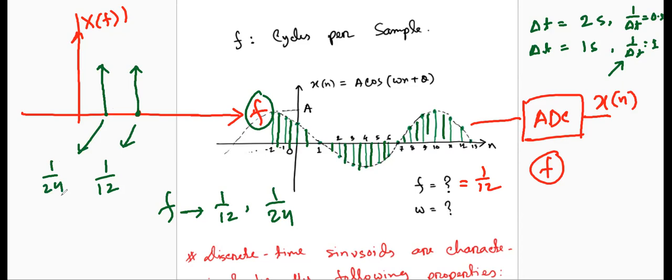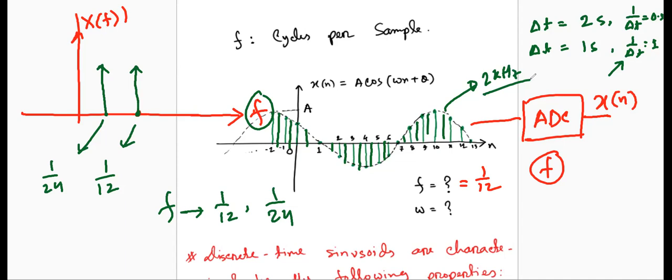However, you have the same analog signal. Can you increase or decrease this discrete signal's frequency? By taking a single analog signal, let's say its frequency is 2 kilohertz, can you change the discrete or digital frequency?